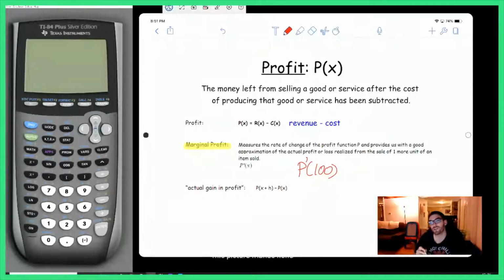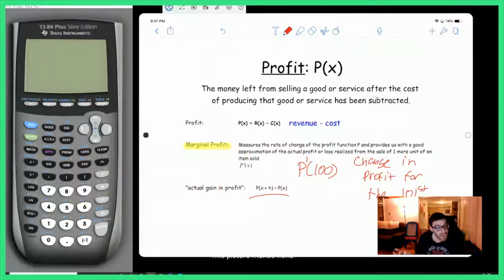That measures the rate of change right at 100, which would give you a nice indication of the change in profit for the 101st item, okay? So by plugging 100 into the derivative, you're getting an estimation for the 101st item. Just an estimation, not an exact value.